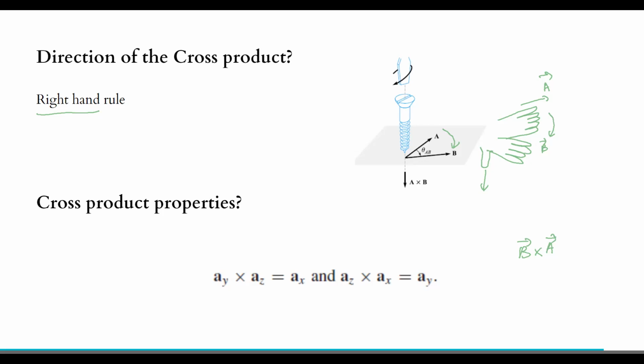Yes, it's perpendicular up, in the z-axis direction. It's in the top direction.